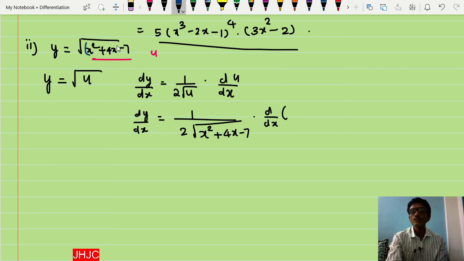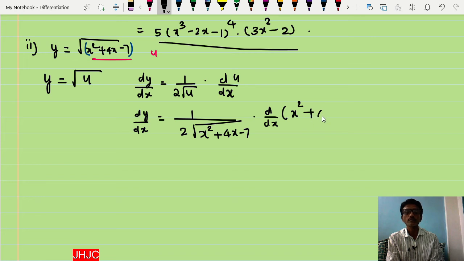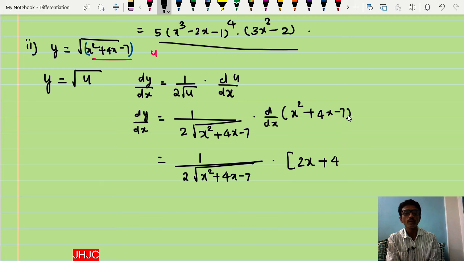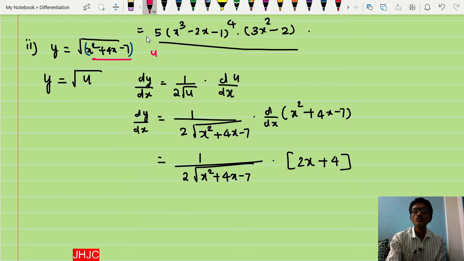Here u is x square plus 4x minus 7. This derivative will be 1 upon 2 root of x square plus 4x minus 7 into the derivative, which is 2x plus 4, and constant is 0. So we can cancel this 2.